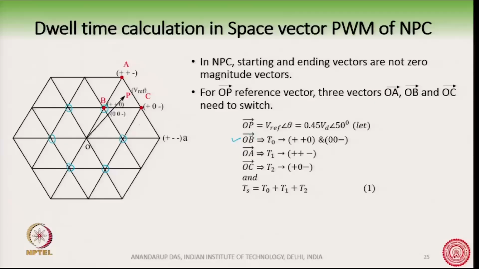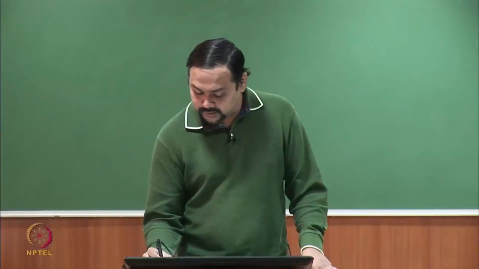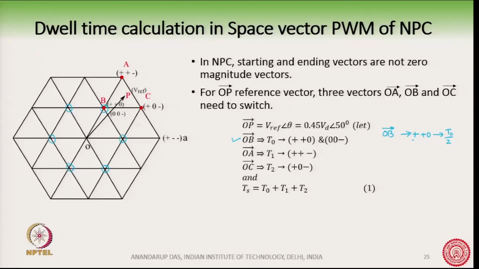And so this OB vector, for example, we will switch like OB for the switching combination say plus plus 0 for T0 by 2, for example. This is one of the switching strategies. So OB vector with a multiplicity of plus plus 0, we will switch for T0 by 2 time period and then we can switch OA vector for T1 time period and the multiplicity will be plus plus minus, and then we switch the OC vector.